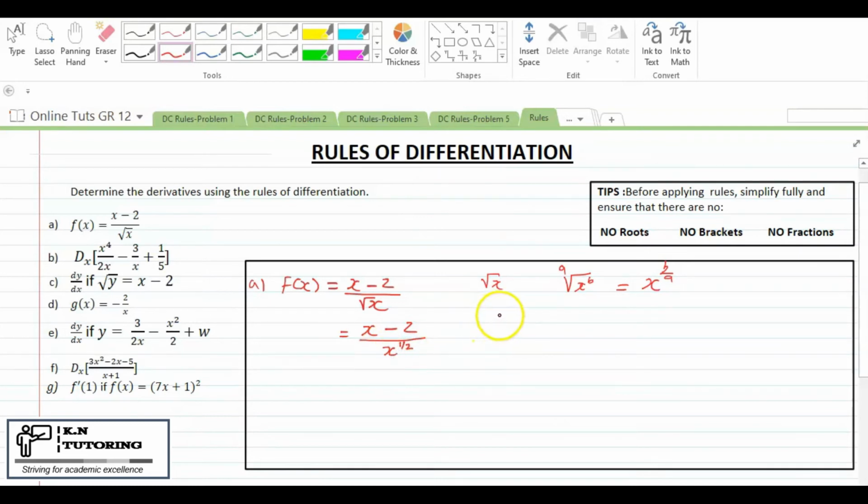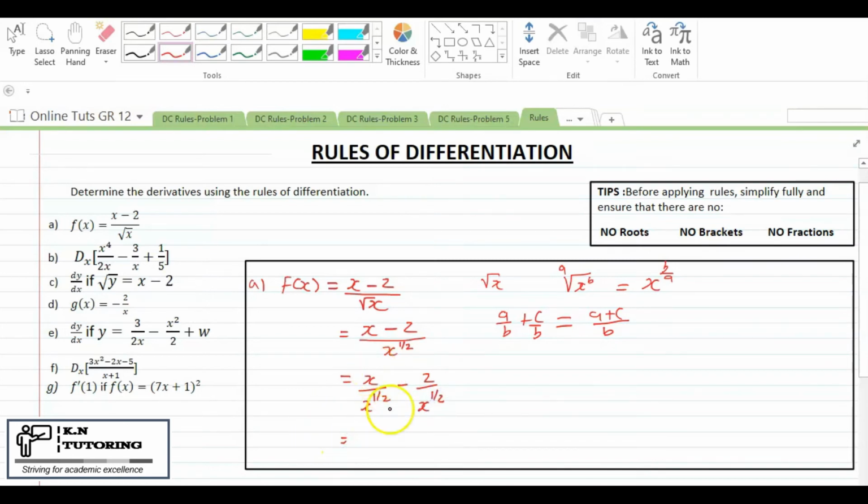Now we can also recall that if you've got a over b plus c over b, this is a plus c divided by b, because they have the same denominator. So this is the same as x divided by x to the 1 over 2, minus 2 over x to the 1 over 2.